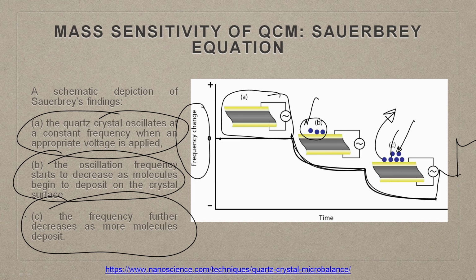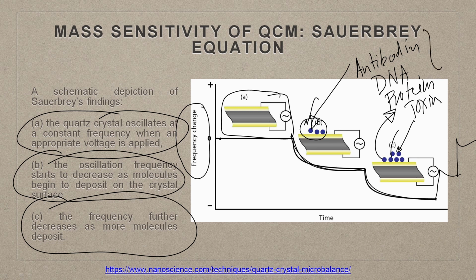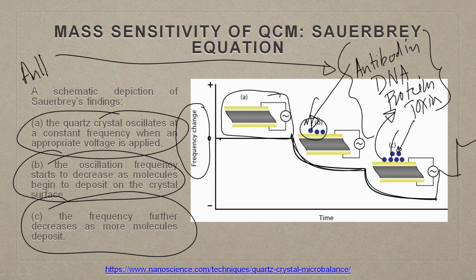Now, if you replace these molecules with, say, antibodies, DNA, proteins, toxins of anthrax.